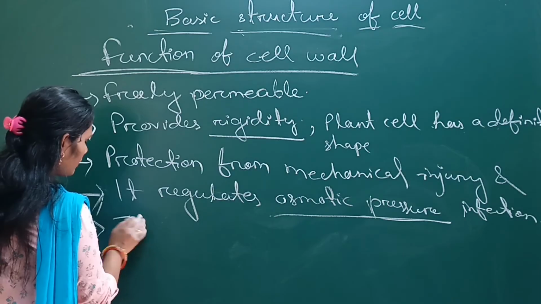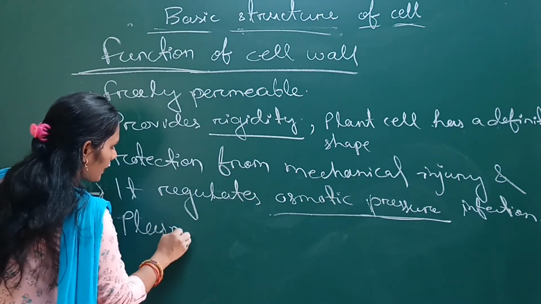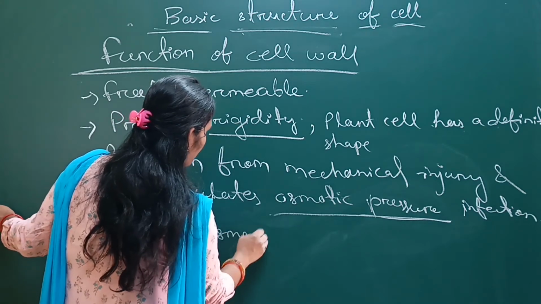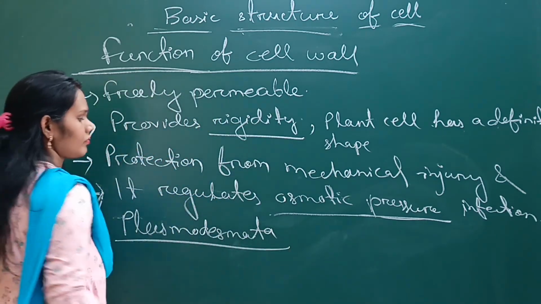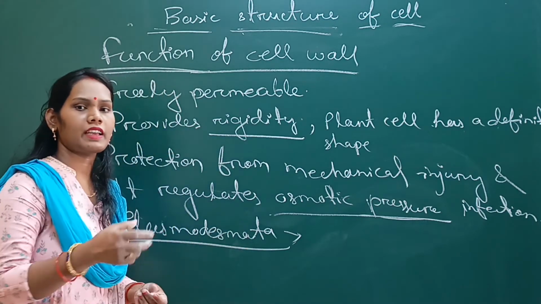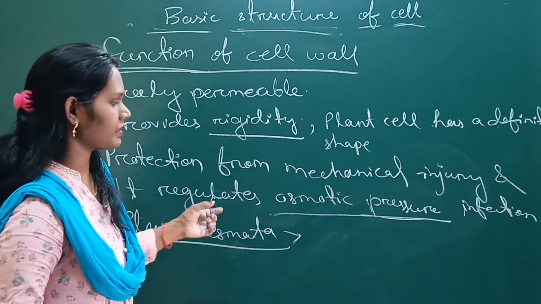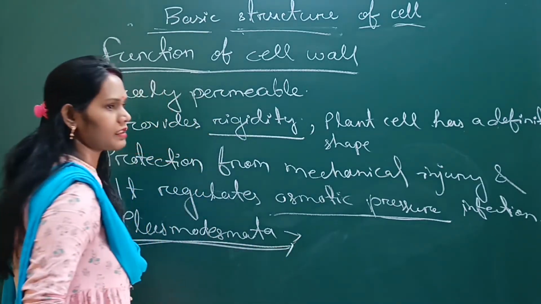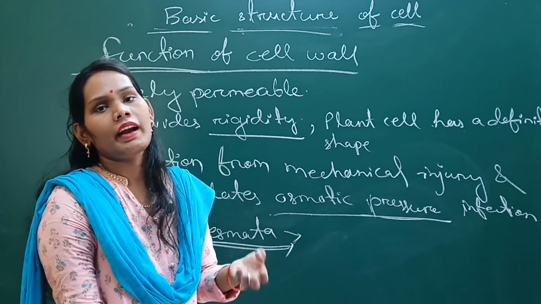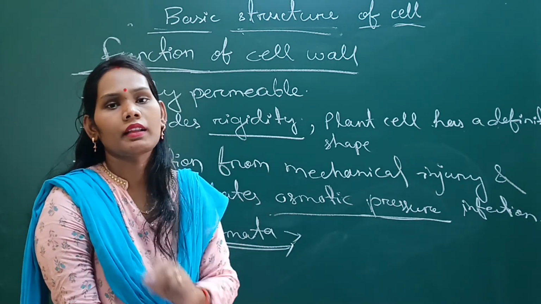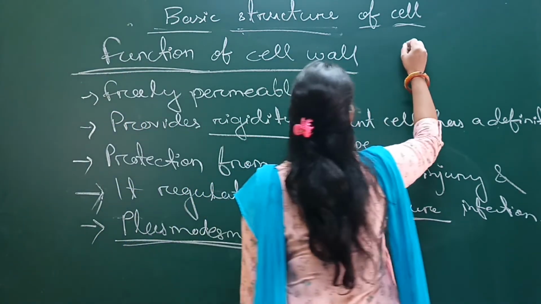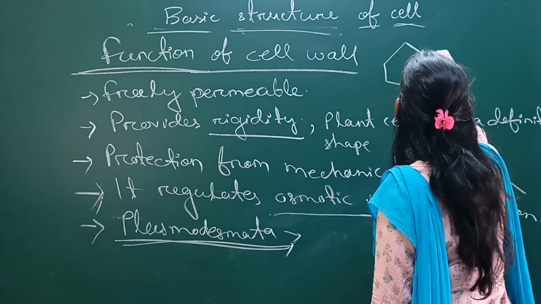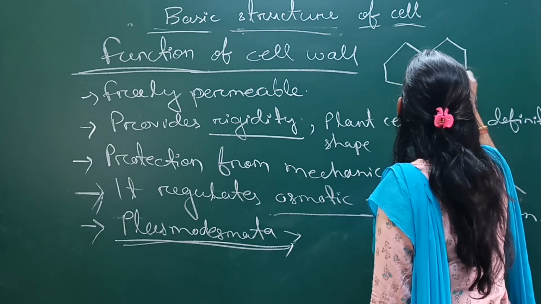Okay, so there is some gap in the cell wall, and that gap is called plasmodesmata. Plasmodesmata is a gap or a channel between two cells which is present in the cell wall, and through these channels the cellular substances can be transported from one cell to another cell. The structure is like this. Suppose this is one plant cell and this is another cell.